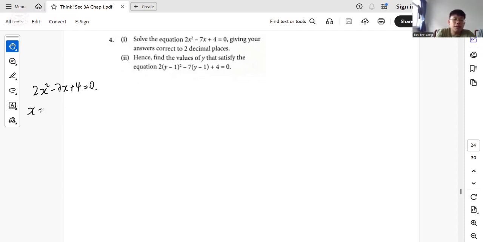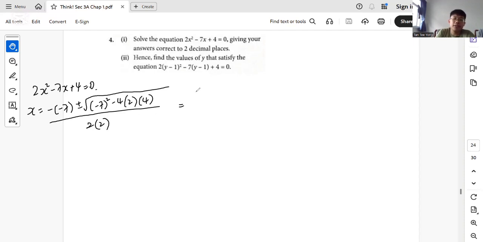So x equals -b plus minus square root of b squared minus 4ac, over 2a.